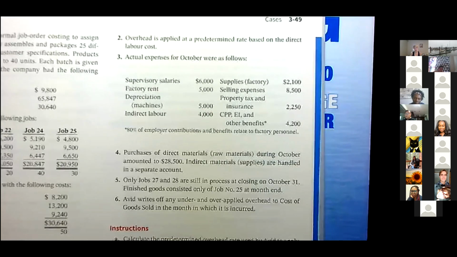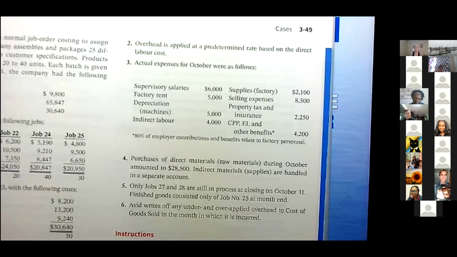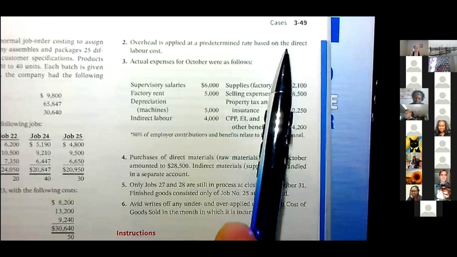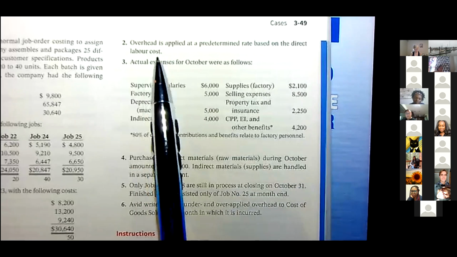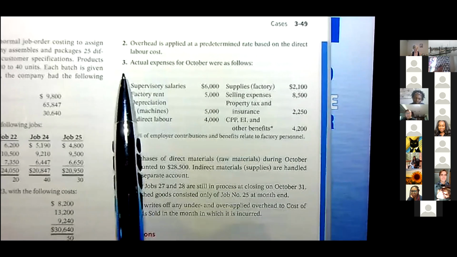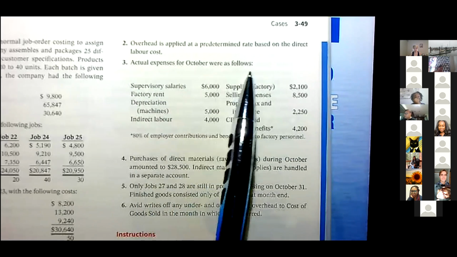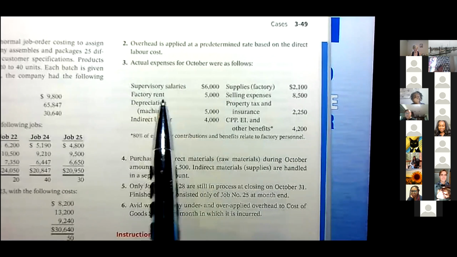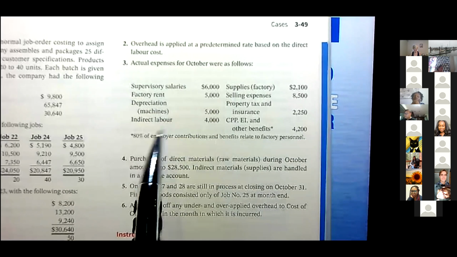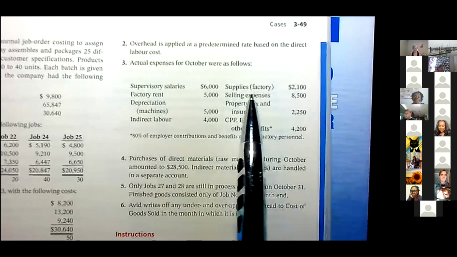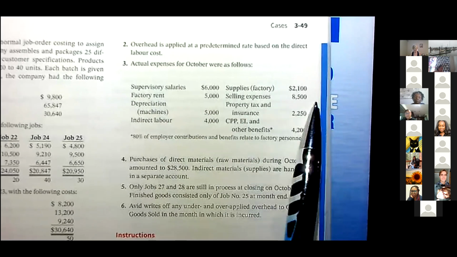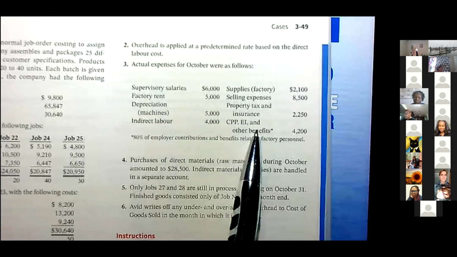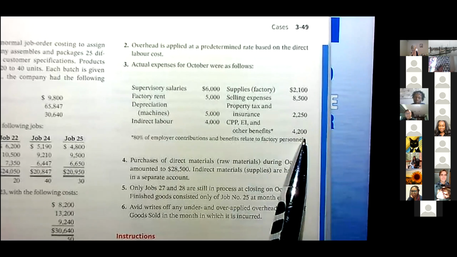Number 2, overhead is applied at a predetermined rate based on the, this is very important, direct labor cost. And C, actual expenses for October were as follows: supervisor salary, factory rent, depreciation, indirect labor, supplies, selling expenses, property tax and insurance, and CPP/EI and other benefits.